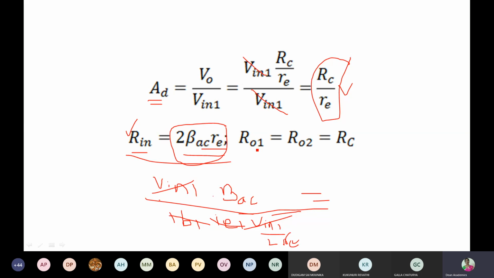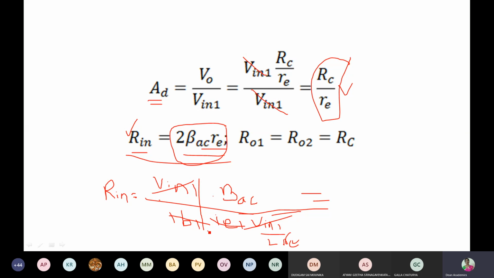Ma'am, once again say, ma'am. Yes, right. According to the definition of input resistance, Rin is defined as Vin1 by IB1, right? Actually if it is dual input, we say Vin1 by IB1 at Vin2 equal to 0.